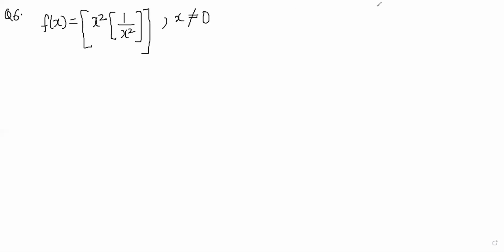And we have to find continuity at x is equal to 1 and minus 1, and basically find where it is discontinuous. So you have to find continuity and discontinuity, where it is discontinuous basically, and check at 1 and minus 1.